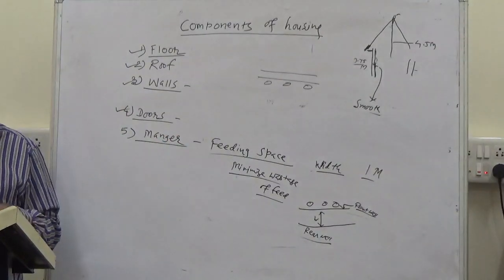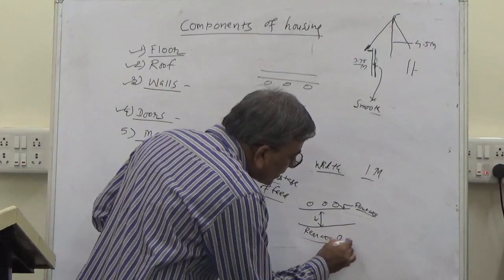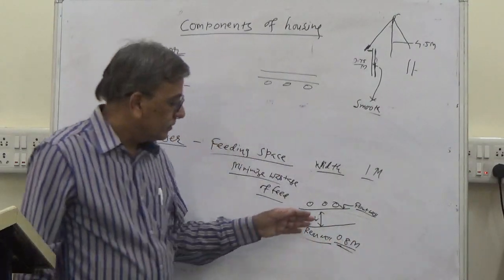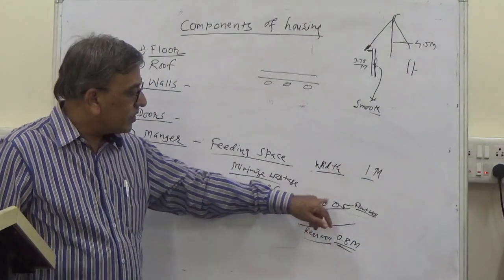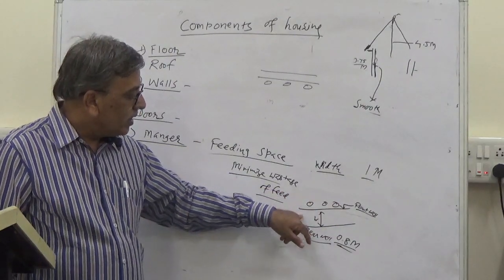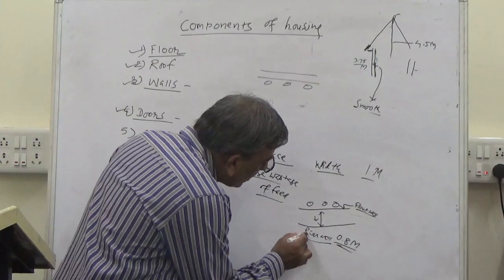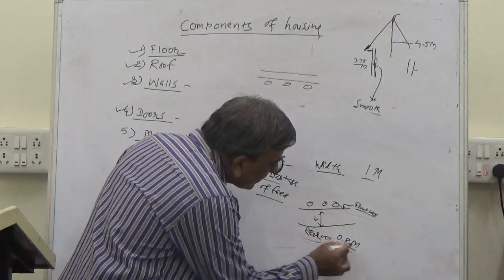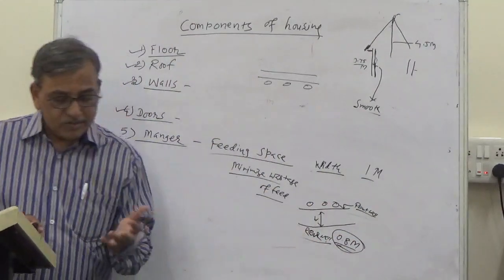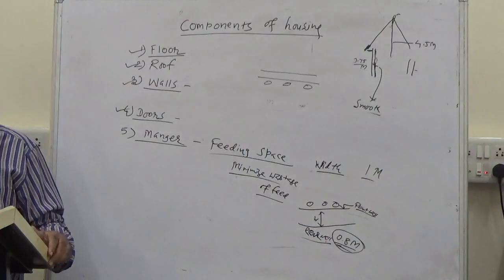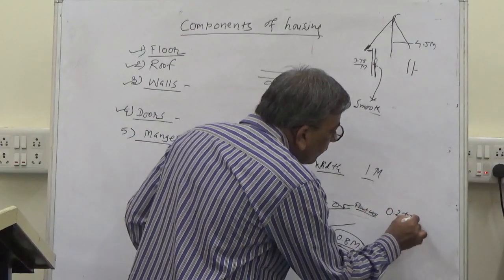Now the height of the rear wall should be 0.8 meters. It is located on the other side of the animals. These are the heads of the animals. This is the front wall and this is the rear wall. This rear wall should have a height of 0.8 meters, whereas this front wall should have a height of 0.2 to 0.4 meters.